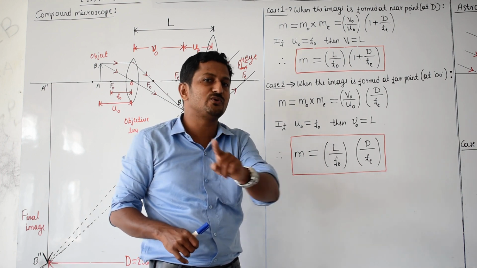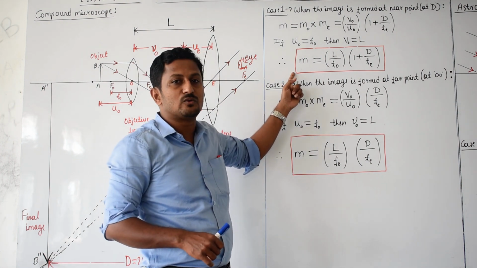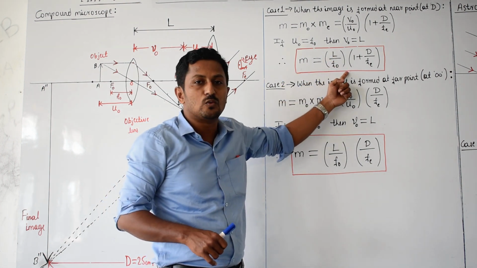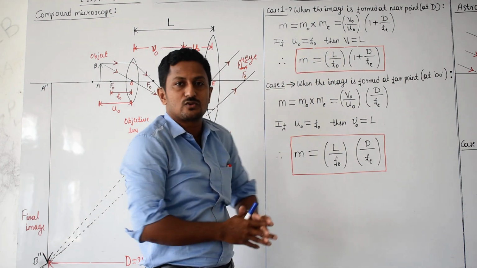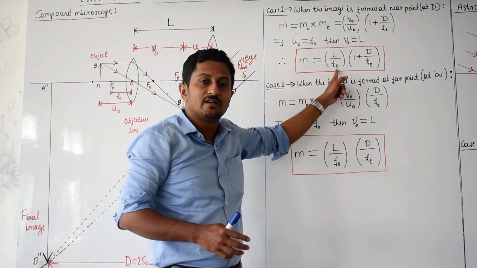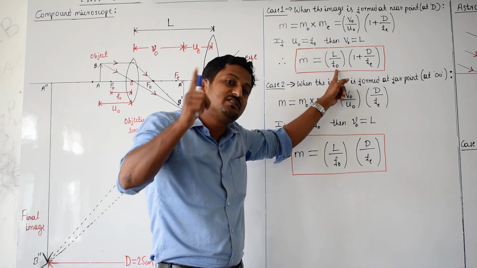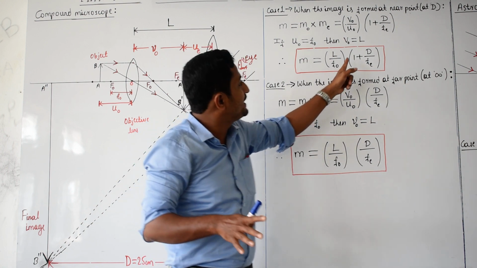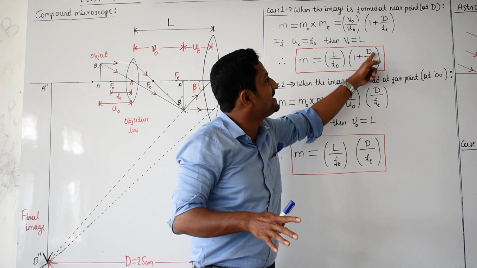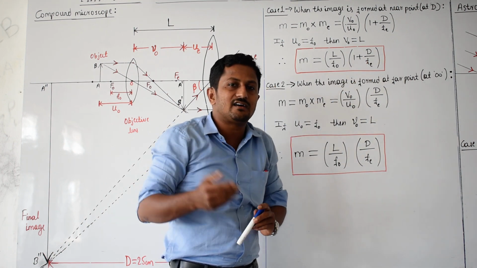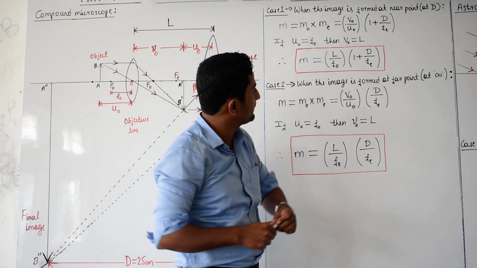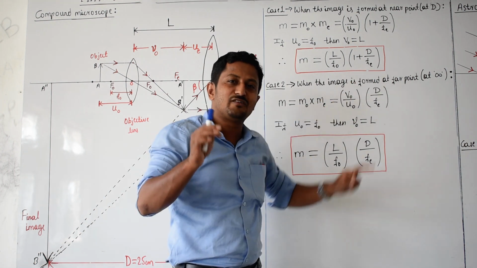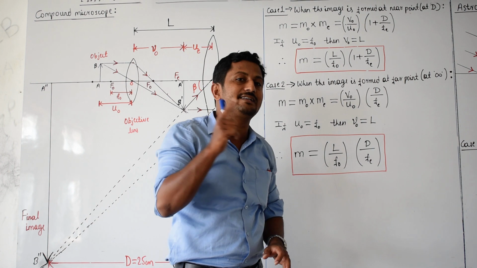At that time you have to use this formula: M is equal to L by FO, where L is the length of the compound microscope, FO is the focal length of the objective lens, into 1 plus D by FE. D, you already know its value, it is 25 centimeter. FE is the focal length of the eye lens.